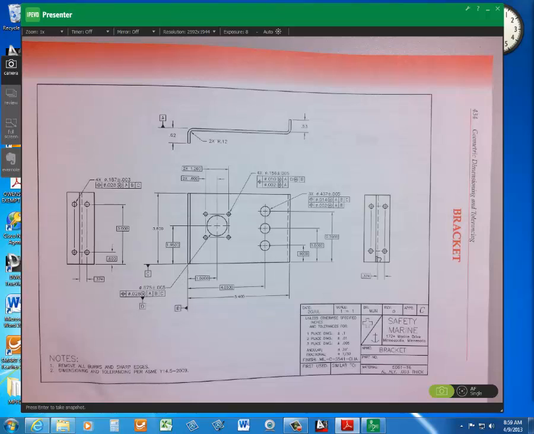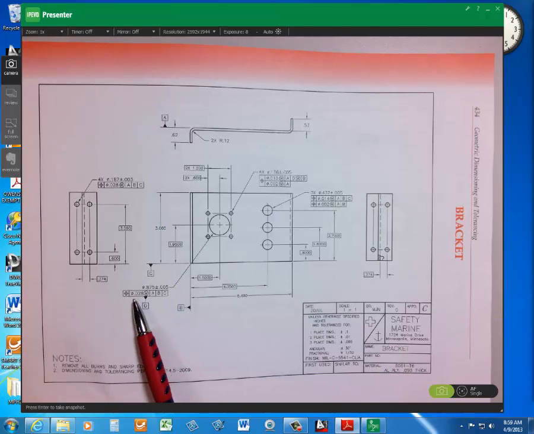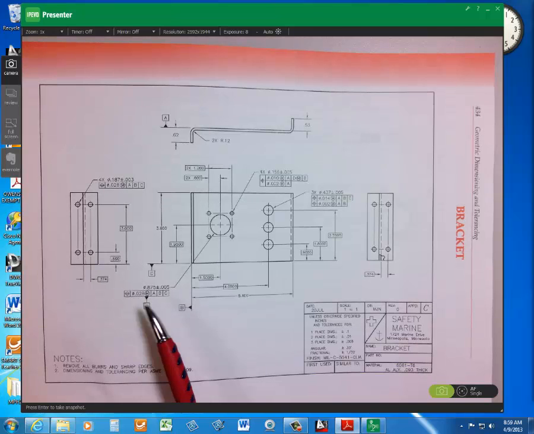So it's just some kind of bracket, but they really want the position of these things to be really, really controlled. The amount of our true position tolerance is in thousandths of an inch. So it's 28 thousandths of an inch.